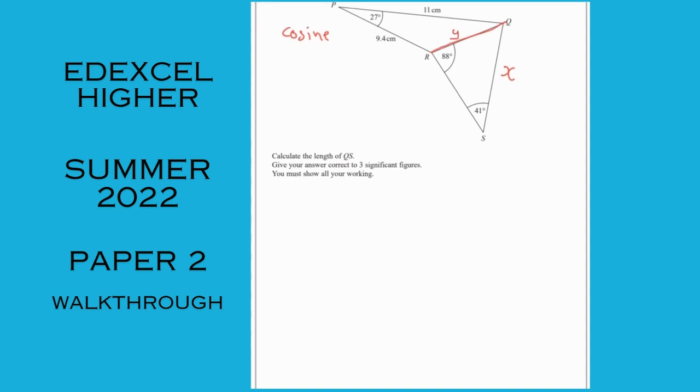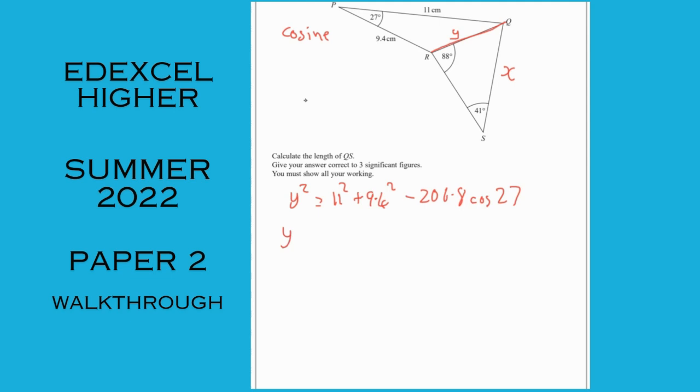So let's crack on. Consult the formula sheet or rattle it off because you've done so much of it you know it off by heart. Y squared will equal, in any order, 11 and 9.4 both squared and added, minus 2 lots of them times together, which is 206.8, and it's cos of our friendly angle between them.